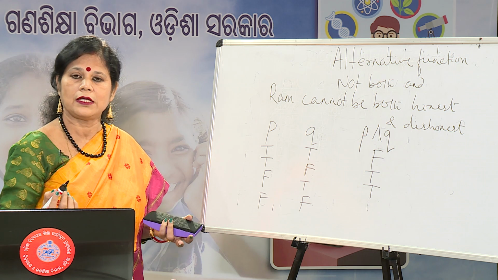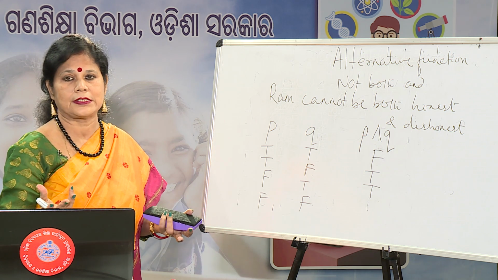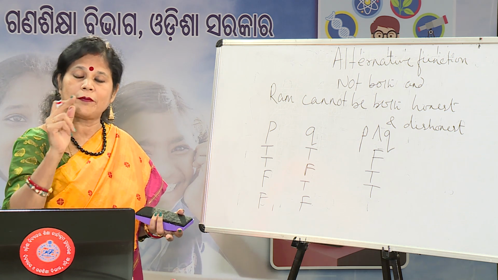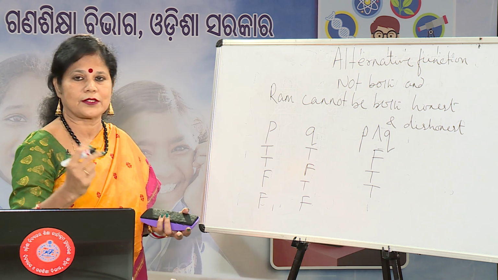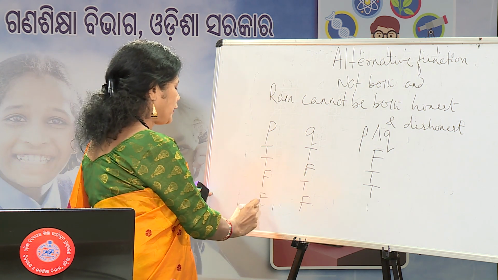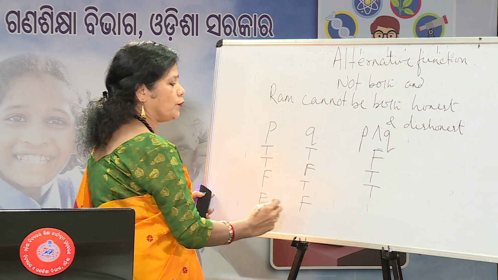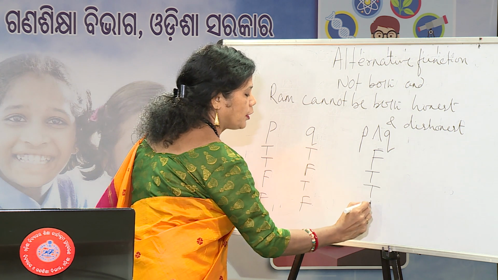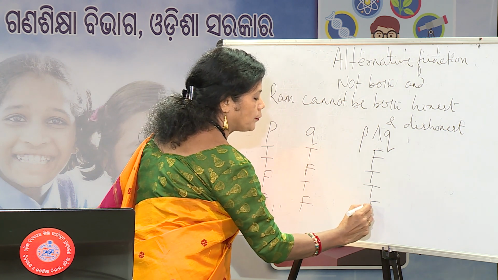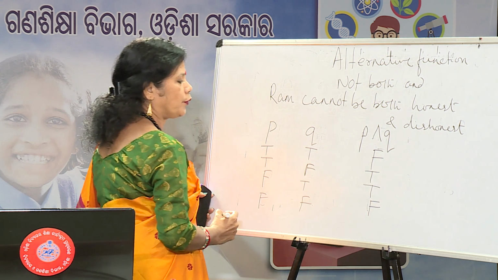Honest and dishonest both exhaust all the possibilities. So one person can be either honest or dishonest. Okay. So if we say Ram is neither honest nor dishonest, what will be the truth value of this function? False. Okay.